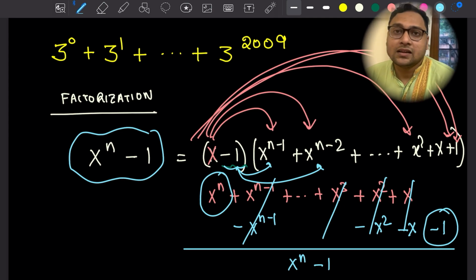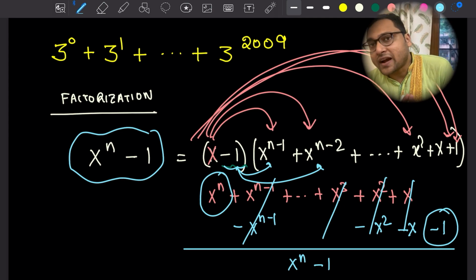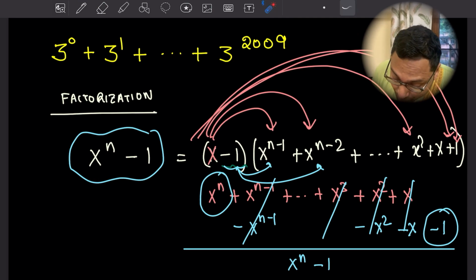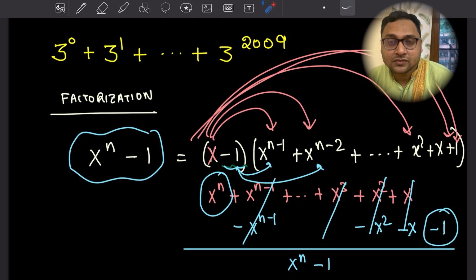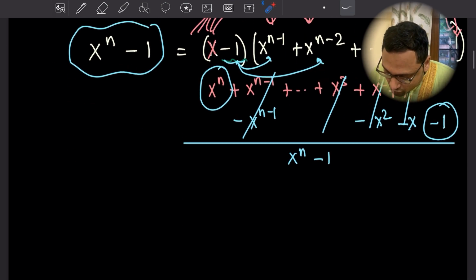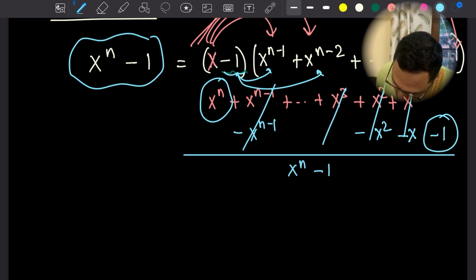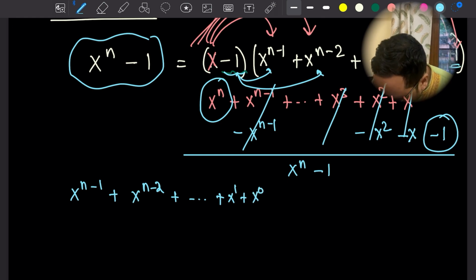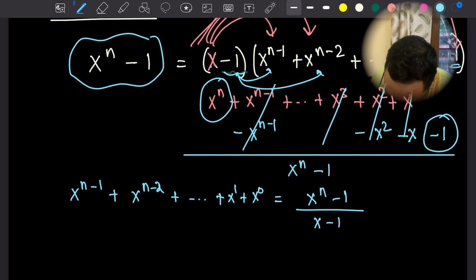Alright. So this is a very useful factorization and you can readily use it in this particular expression to simplify it, to make it more compact. So one way to look at this is x to the power n minus 1 plus x to the power n minus 2 up to x to the power 0, that is 1, is x to the power n minus 1 divided by x minus 1.